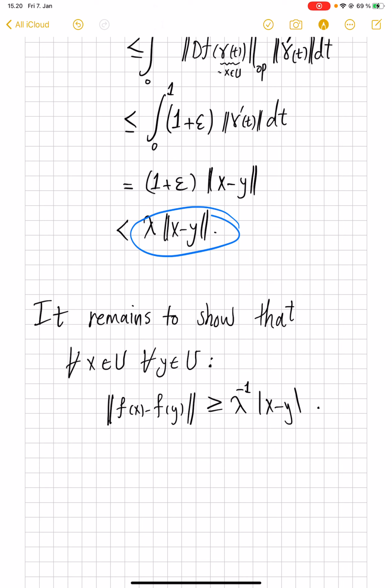If I show that, then we know that this is less than dM of f(x), f(y), and I will have completed the other halves of the second and third properties I wanted for this.